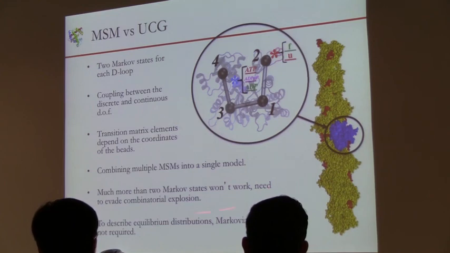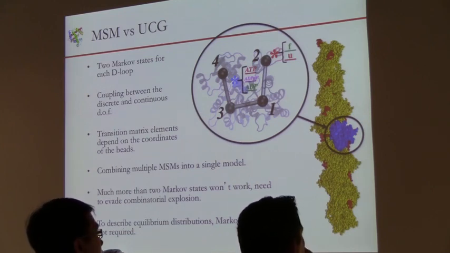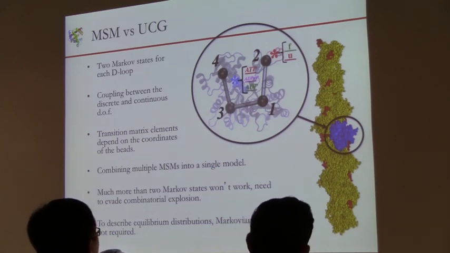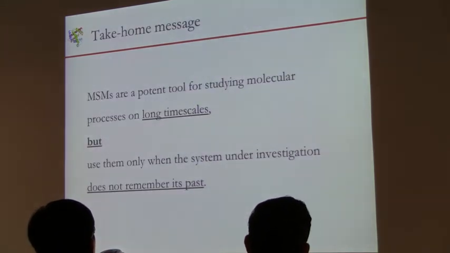So we have to use only a few states here to avoid that combinatorial explosion. But this refines our model in the sense that now we have the dependence of the transitions on the continuous degrees of freedom, and vice versa, the potential of interaction between beads depends on the Markov states in an explicit form.